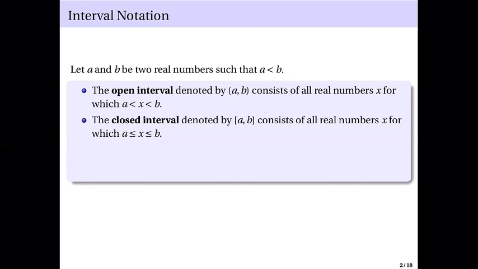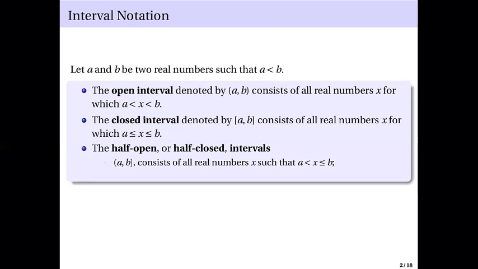And next, the half open or half closed intervals. For example, we have open parenthesis A comma B close square bracket.